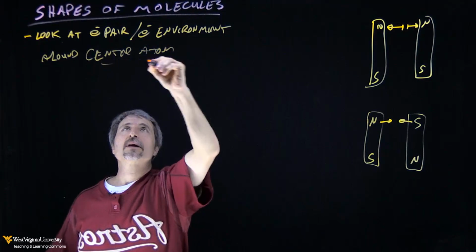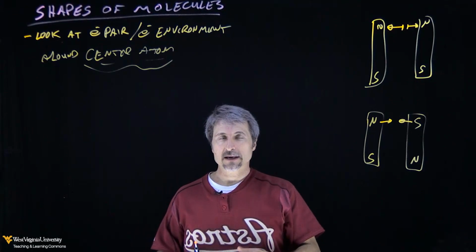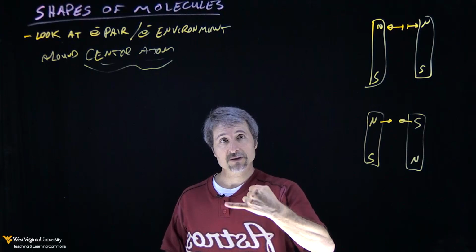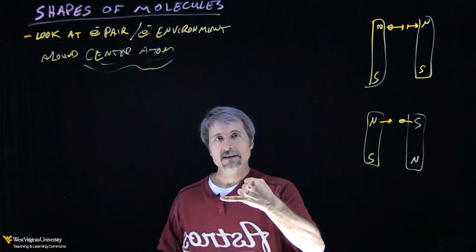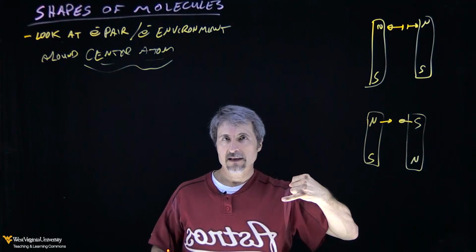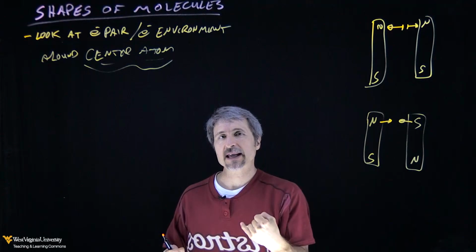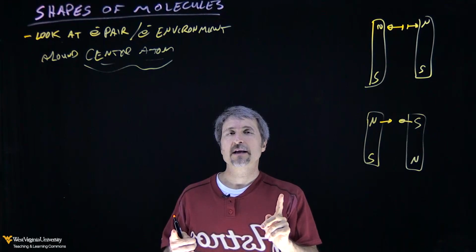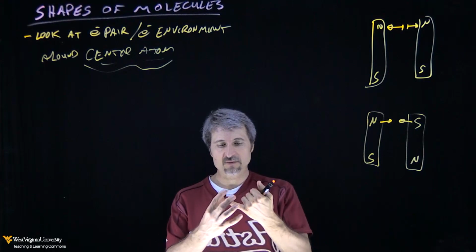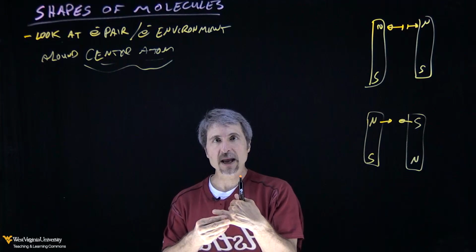Now, why do we deal with shape having to do only with the center atom? Well, you know, if you took pictures of 10 different people and all you showed was the picture of their pinkies, do you think you'd be able to predict their body shape, like how much they weigh, based on just pictures of pinkies? I'm pretty sure that you wouldn't be perfect about it, unless somebody had just one seriously huge pinky or incredibly anorexic pinky, right?